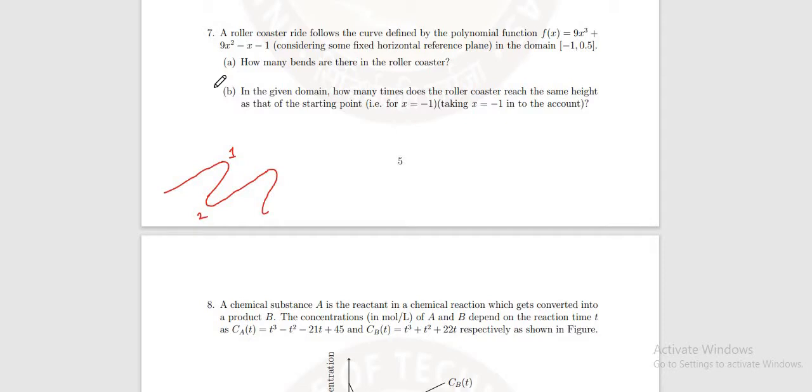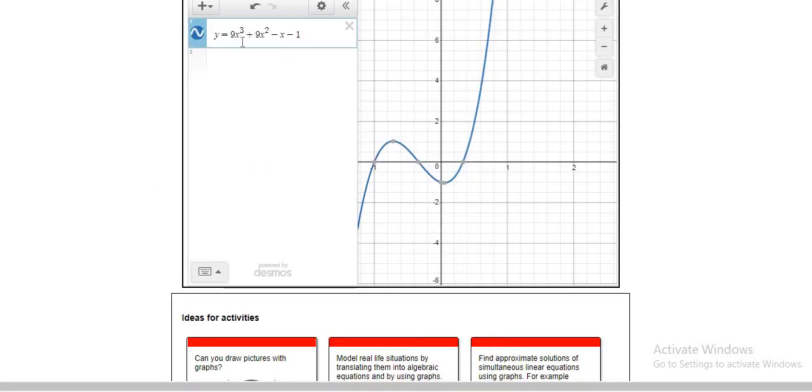Now for solving this question, I have already created the graph. By looking at the graph, I am going to answer these questions. So I have already made the graph of the roller coaster, which is between the range of -1 and 0.5, because the domain was already restricted. So I've made the graph between this domain only, so that this point is -1, and this point is 0.33.